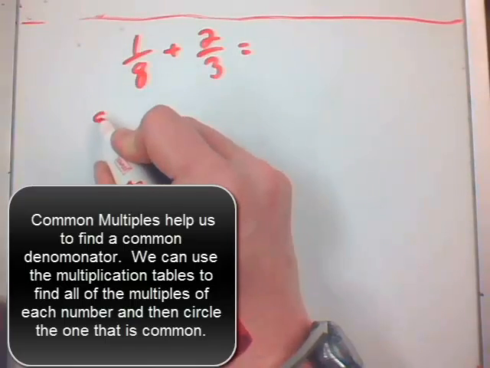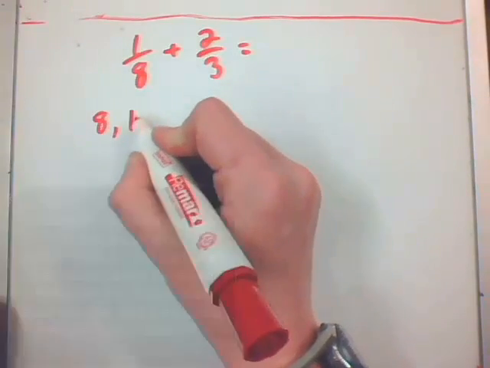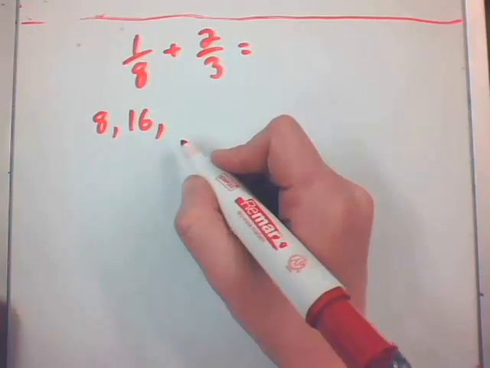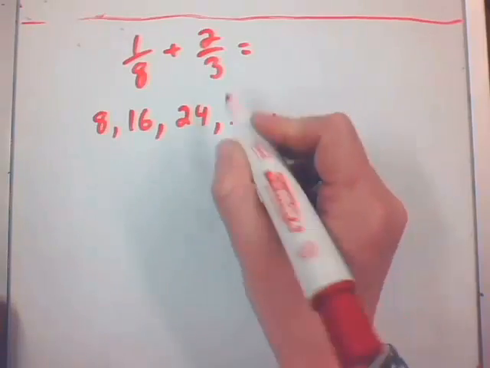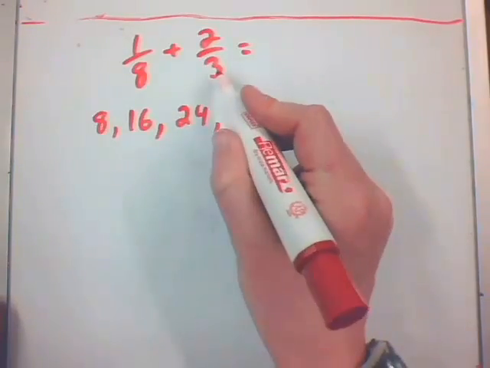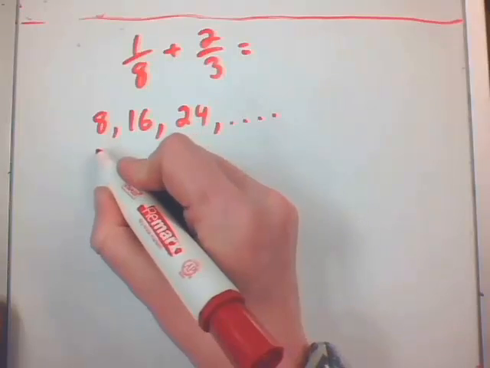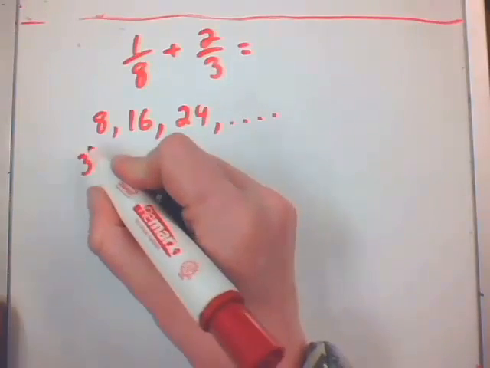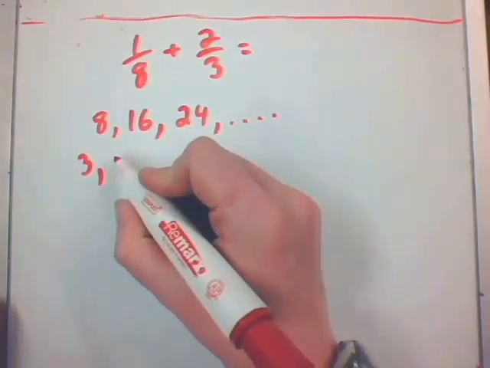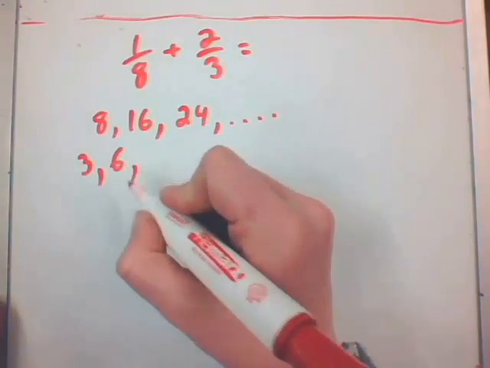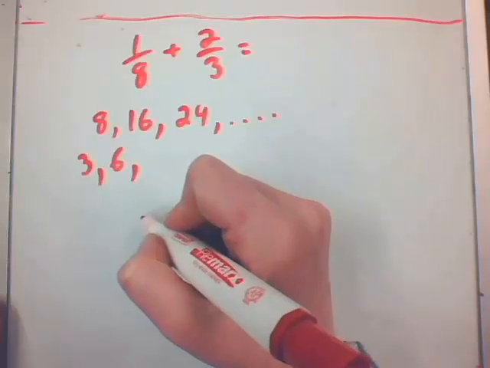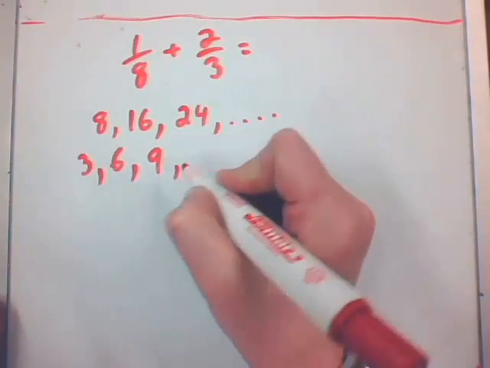So 8 times 1 is 8. 8 times 2 is 16. 8 times 3 is 24. And I can keep going if I need to. Then I do the multiples of 3. 3 times 1 is 3. Well, there's nothing that matches there. 3 times 2 is 6. Still no match. 3 times 3 is 9.